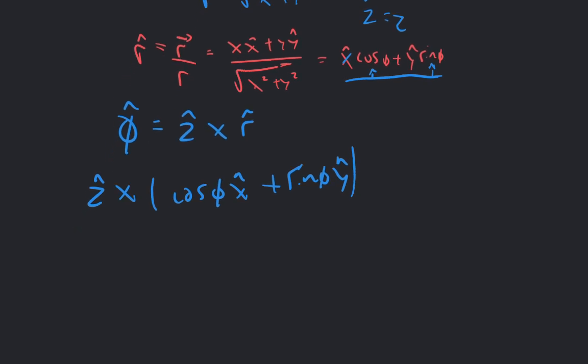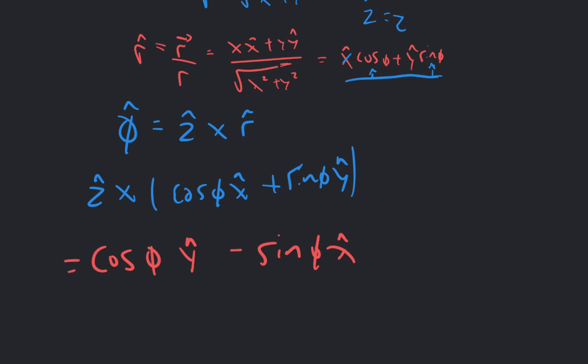So these cosine phi and sine of phi, these are constants that can be pulled out of the cross product. So cosine phi z unit cross x unit is going to be cosine phi of y unit, and then z unit cross y unit is going to be minus sine of phi x unit.